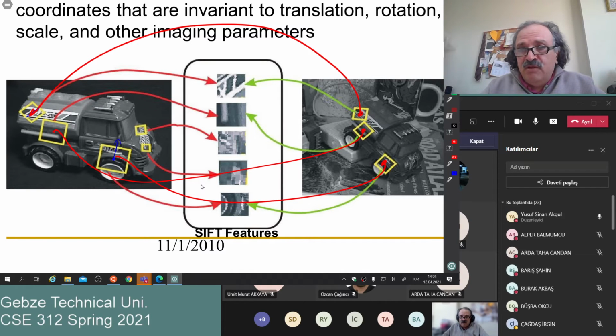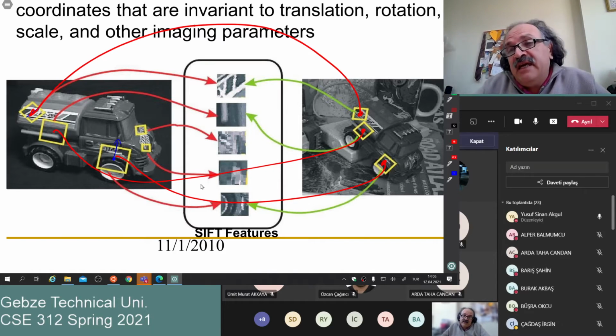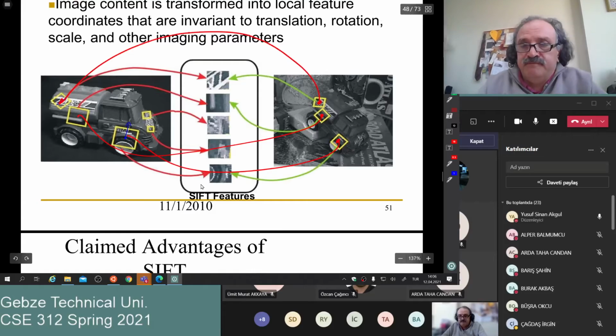Even though there is a scale difference between these two images, and there is a rotation difference, lighting difference between these two images, SIFT does its job. First, it finds the relevant points, finds the correspondences, and second, by looking at the descriptors, I can say that this point corresponds to this one. That's how SIFT works.